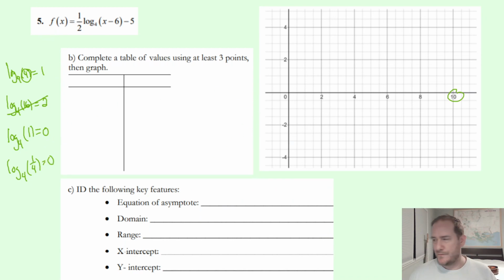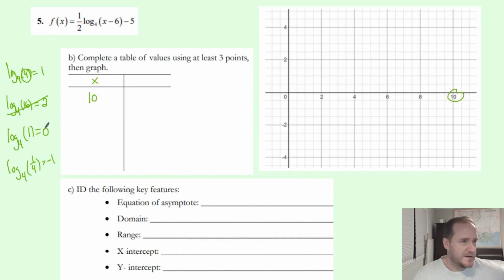So, oopsies. When I said choose your x's wisely, this is what I meant. I meant that you're going to want to be evaluating the logs at values of x that give you -1, 0, and 1. And so that means evaluating the log at 1/4, 1, and 4. But that really means letting x equal something else entirely. So to get 4, we would evaluate at 10.